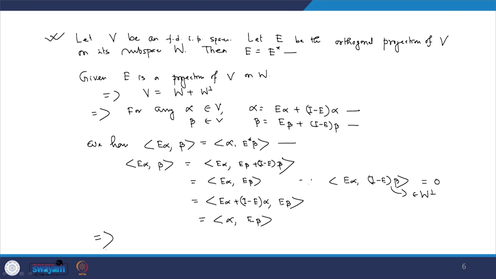So this implies E star equal to E. So if I consider an orthogonal projection operator E of a vector space V on its subspace W, then the adjoint of the projection operator E will be equal to that operator itself. So, let me take examples.